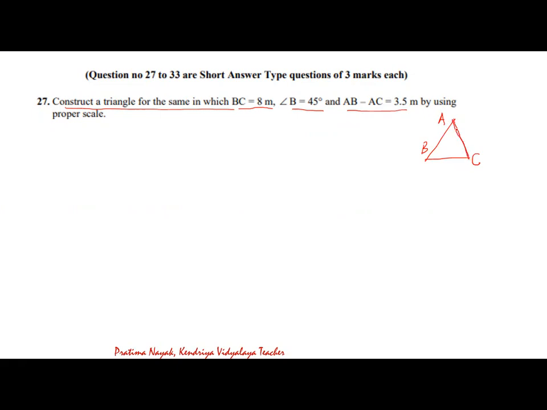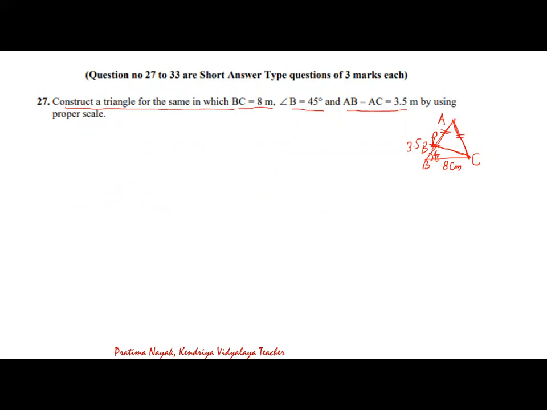You can observe, if I cut a portion AP which is equal to AC, then BP will be 3.5. BC is given 8 centimeter, angle B is 45 degree, and BP is equal to 3.5.